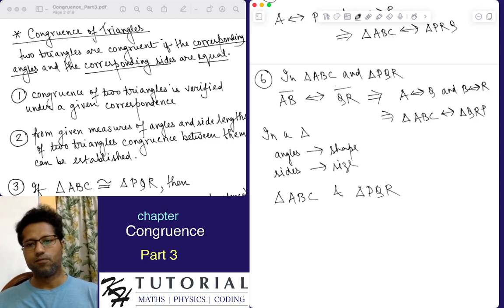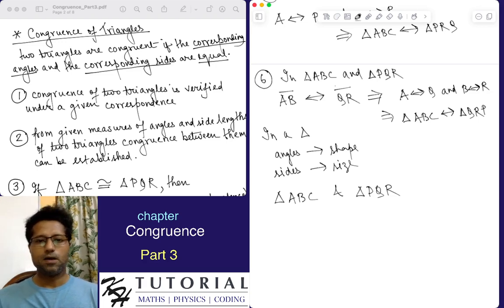That is, by proving that all three angles of one triangle are equal to the corresponding angles of the other triangle, and all three sides of triangle ABC are equal to the corresponding sides of triangle PQR.